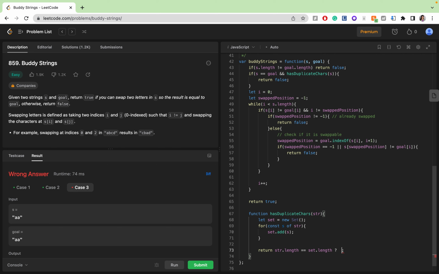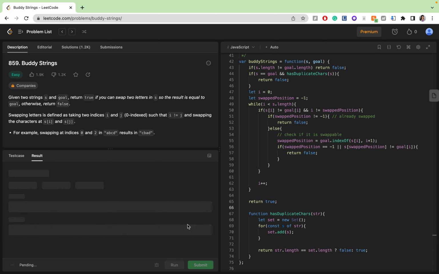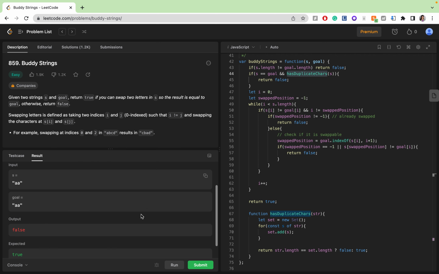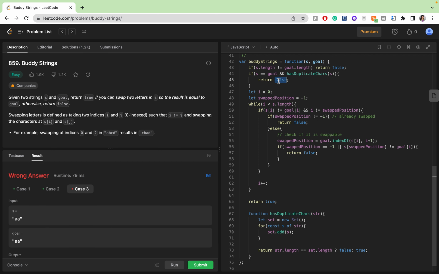If they are equal and has duplicate characters, this would have been true. Okay.